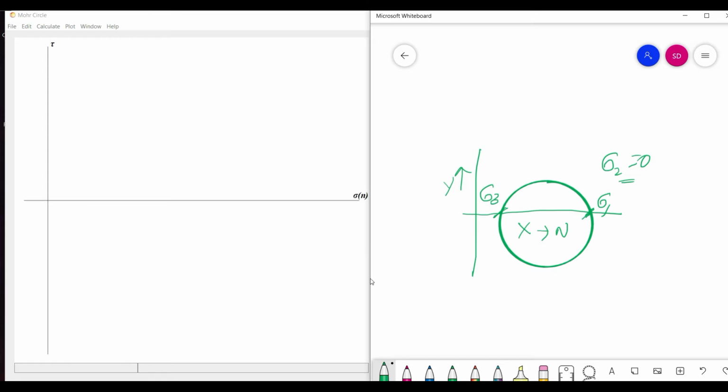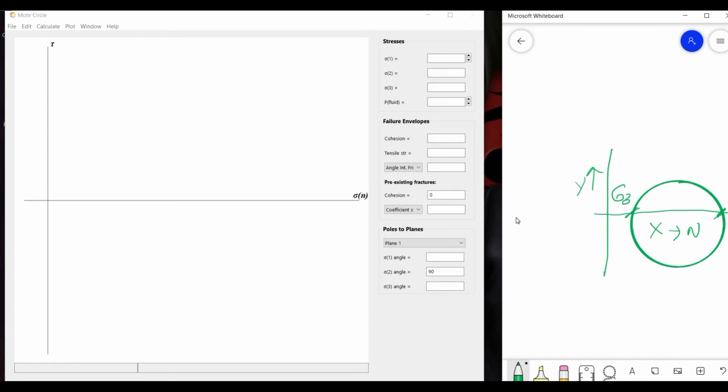Okay, then we'll try to draw a Mohr's circle. We'll just keep the sigma 1 value at 20, sigma 2 equal to 0, and sigma 3 at 5. So now this is your circle.